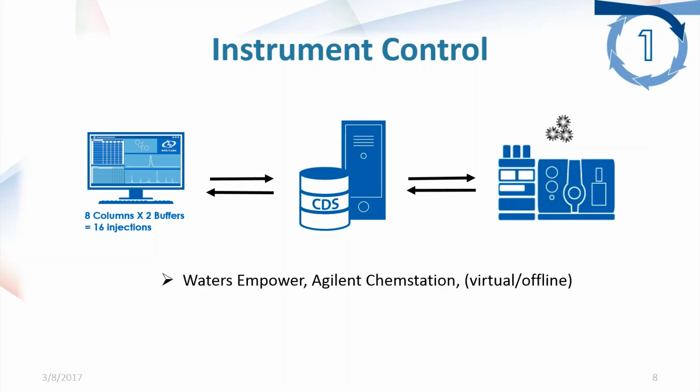So we have instrument control with Waters and Power, as well as Agilent ChemStation. For those chromatographic data systems that we don't currently support, there's a virtual offline mode that can be used. It has all the same capabilities, except you don't get the instrument control that you do with the other two systems.